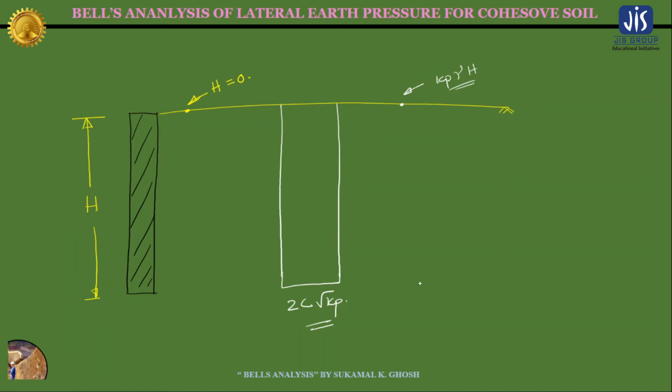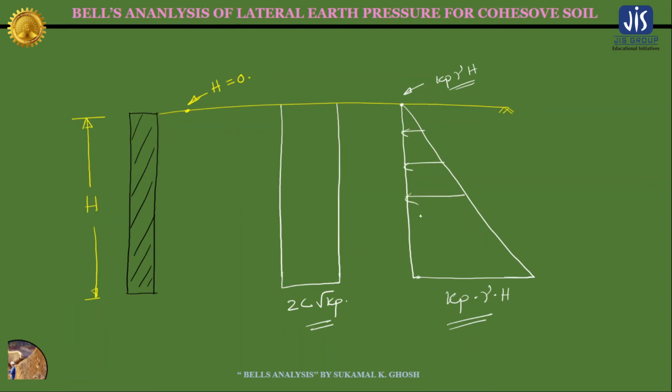But at the bottom, means here, this expression will be Kp into gamma into h, okay? So that is why the pressure distribution diagram for this expression, that is Kp into gamma into h, will be this, okay? So this is the pressure distribution diagram for this expression Kp into gamma into H.